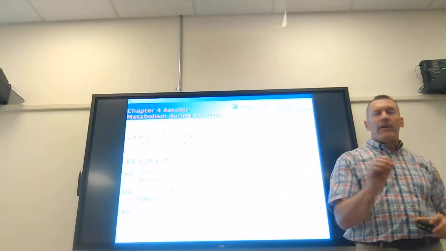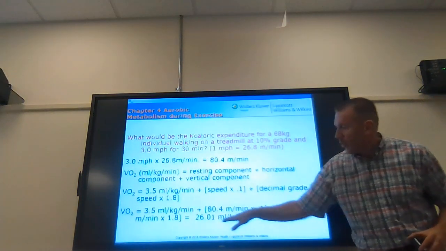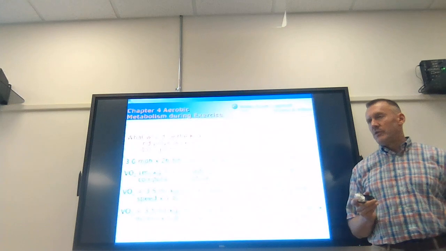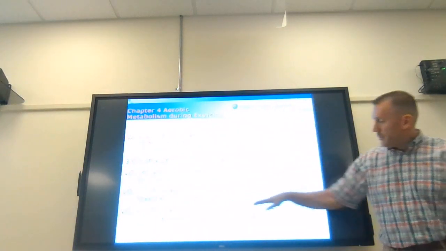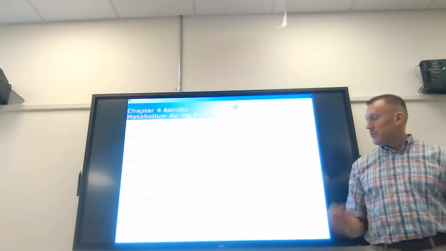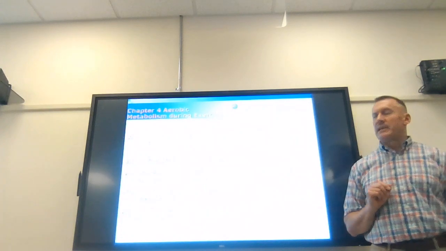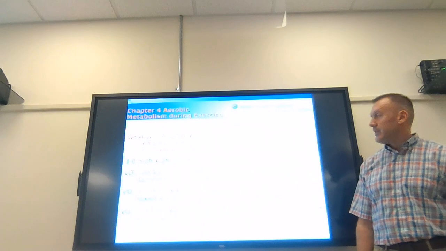If you have a calculator, why don't you just work through that and see if you can come up with 26.01. If you haven't already done so, I think it's useful for practice. See if you can put those three components together and make sure that you can come up with 26.01, because it'll be on the exam, so you need to be able to do it.